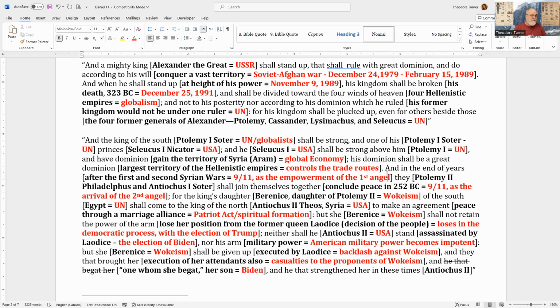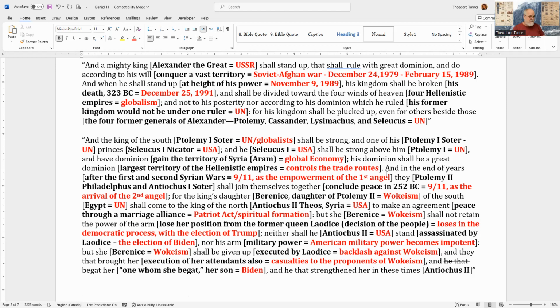Now it says in the end of years. So we're going to say that this is going to go back to these wars, the First and Second Syrian War. We're going to say that this war in Afghanistan, this war on terror, are now connected. So after the First and Second Syrian Wars, that is 9/11 as the empowerment of the first angel.